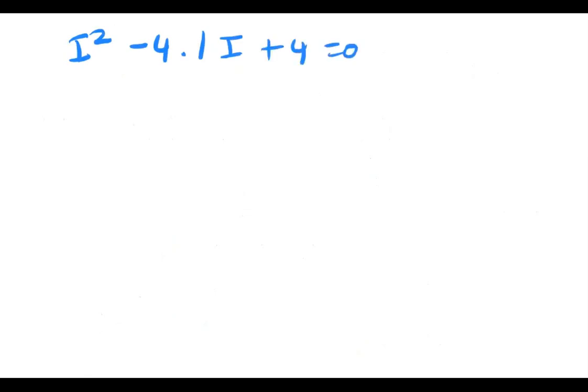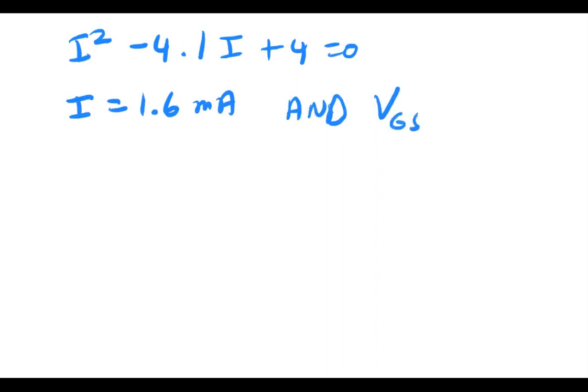If I solve using the quadratic equation, I get that I has two possible values, but the only one that makes sense is going to be the 1.6 milliamps. If I use that current to solve for VGS, that gives me that VGS is equal to 0.9 volts. Okay.